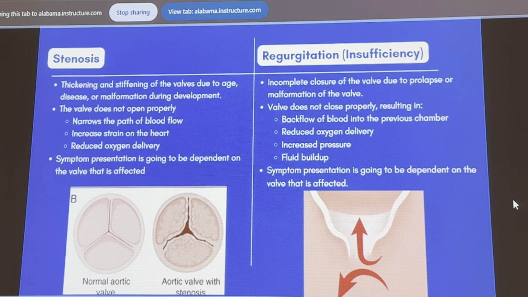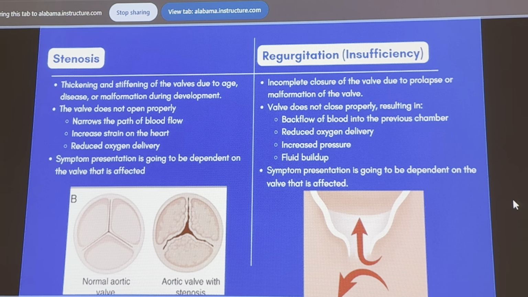So I might be only getting half of that oxygen delivery that I would originally get if I didn't have any regurgitation. With that fluid backup, it's going to cause things to dilate, things to get backed up. My heart muscle is going to have to work a little bit harder again because of that extra fluid on board. And we'll look at these things. Again, your symptom presentation is going to be based on where the valve we're talking about is.